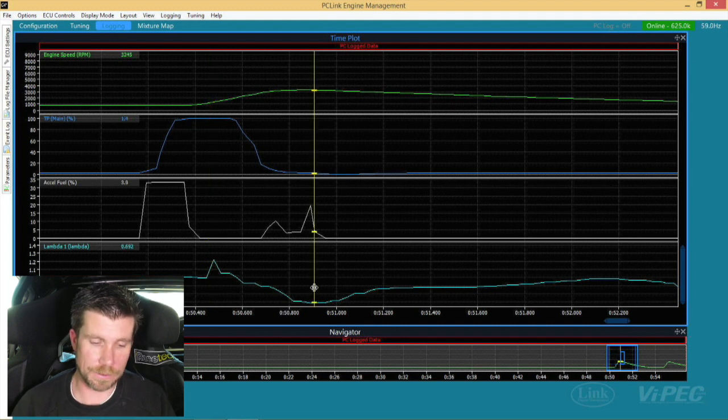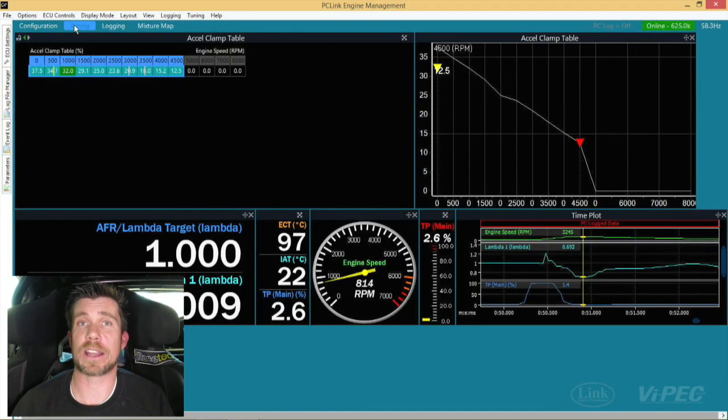Despite the fact that in our first test the lambda plot went quite lean, I still had a really crisp and fast response to the throttle, and that's really what I'm basing my main decision on. So I'm focusing more on what I can hear from the engine and what I can feel, rather than solely on the lambda data.